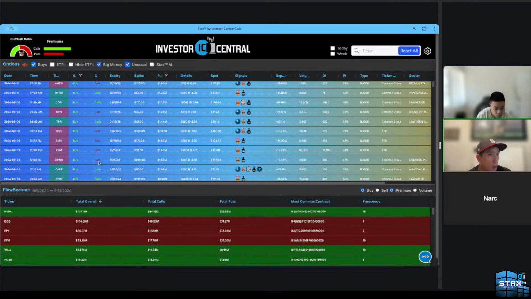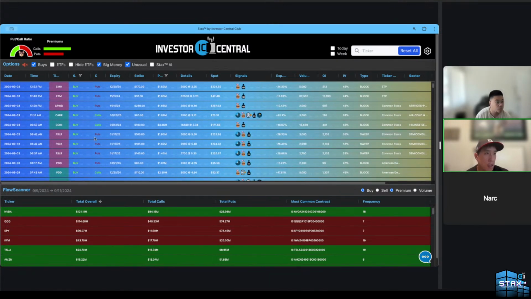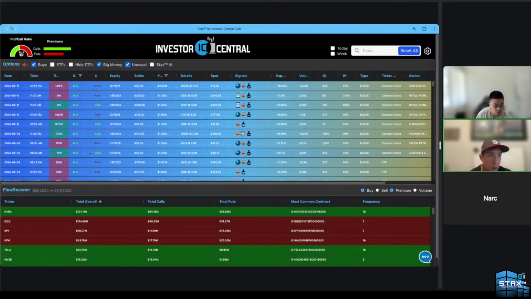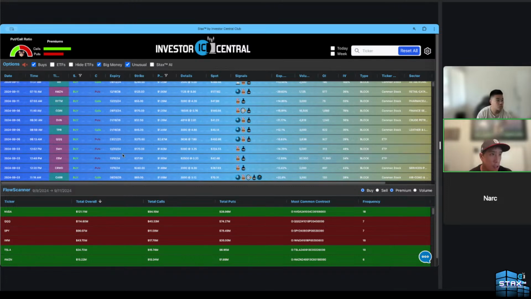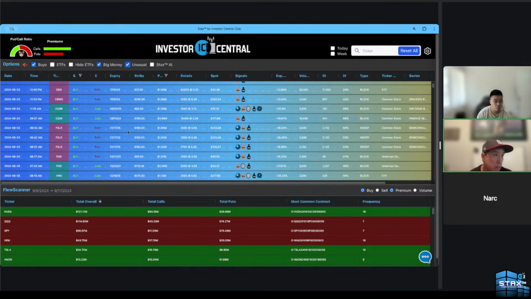It's our filters telling us these are interesting situations with a lot of money being put toward those options, worth taking a look at, and they create a bit of sentiment, in most cases for longer term situations. You'll notice a lot of time being purchased, with some of these 2025, 2026, or at least through the end of the year.